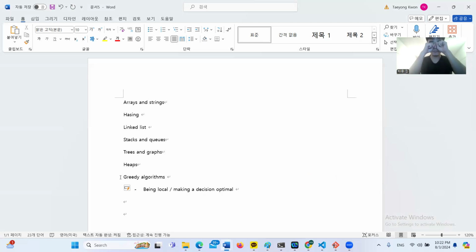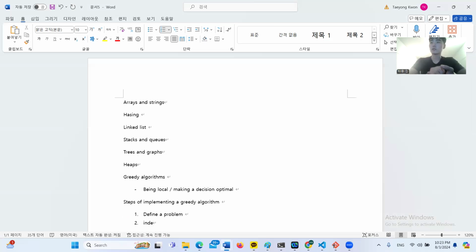What are the steps of implementing a greedy algorithm? First, we define the problem. We state the objective that needs to be optimized. Second, we identify the choice at every level.